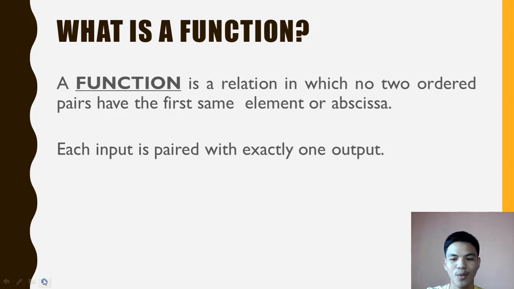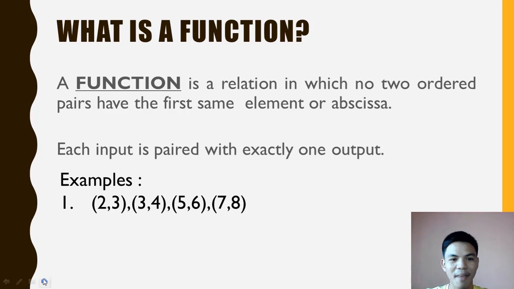For example number 1, the ordered pairs are (2, 3), (3, 4), (5, 6), and (7, 8). So let's first identify the domain, or the first element of these ordered pairs. We have 2, 3, 5, and 7 for the domain. And for the range, we have 3, 4, 6, and 8.